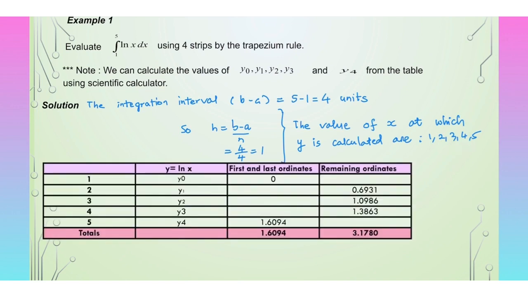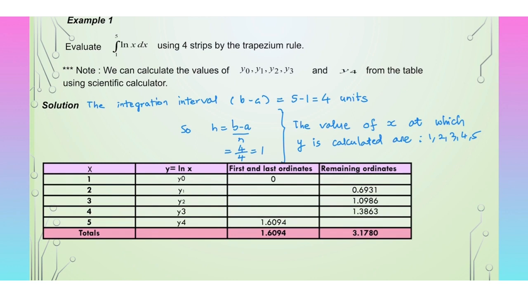Then we shall input into this table. x here represents the values 1, 2, 3, 4, 5 in the first column. The second column is for y equals ln x. So y0 is ln 1. In the third column we have the first and also the last ordinate.